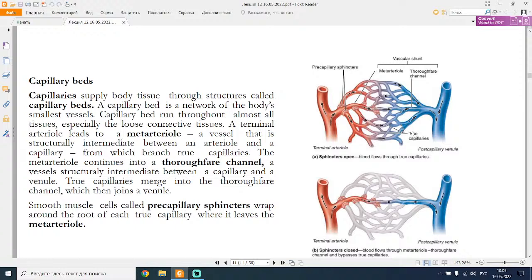True capillaries merge into the thoroughfare channel, which then joins a venule.